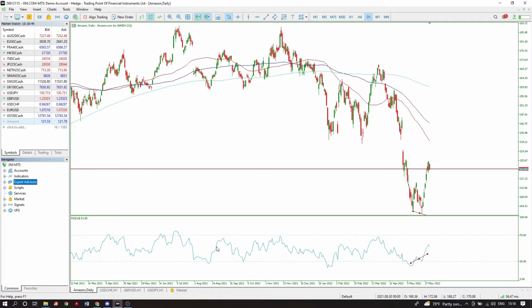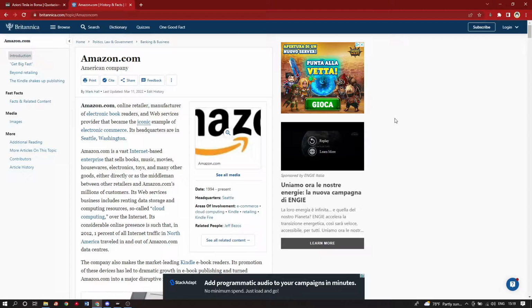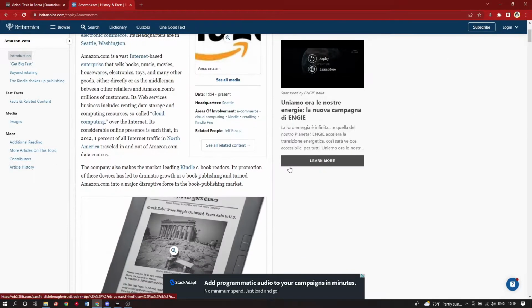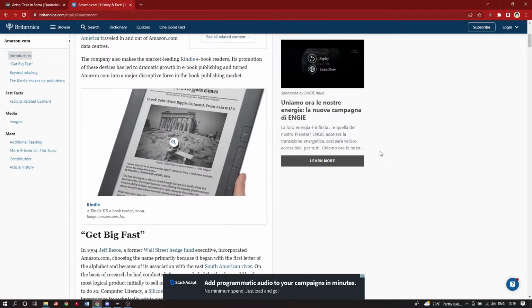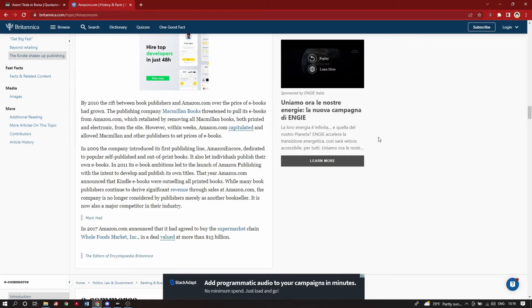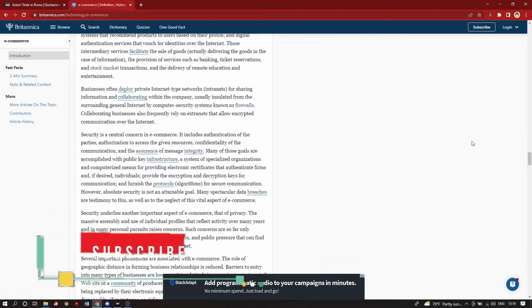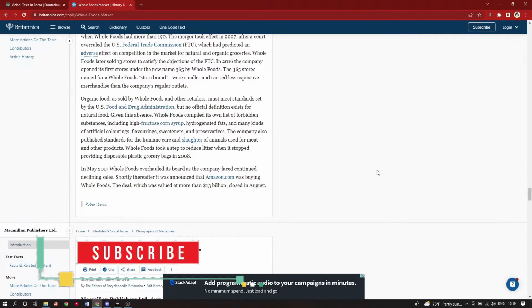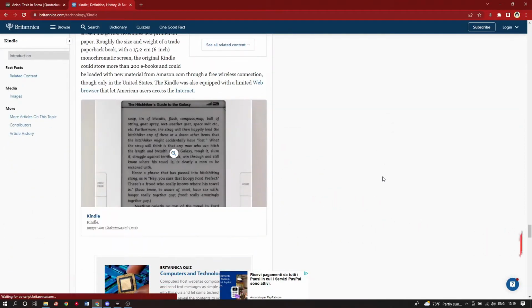But for the stock split specifically, we mostly need articles on how the company performs over the years. So if you go and look on the internet, I found here on Britannica.com a lot of articles about Amazon.